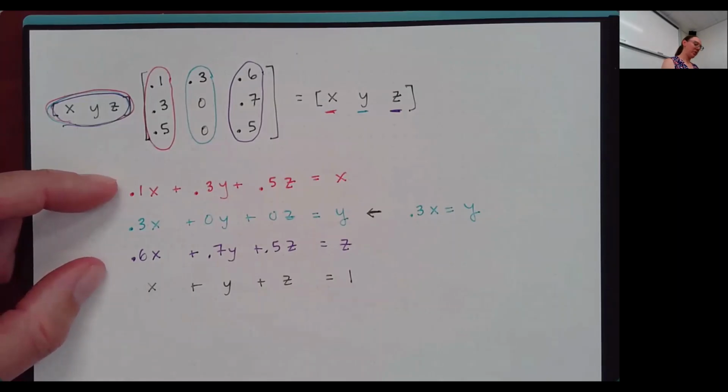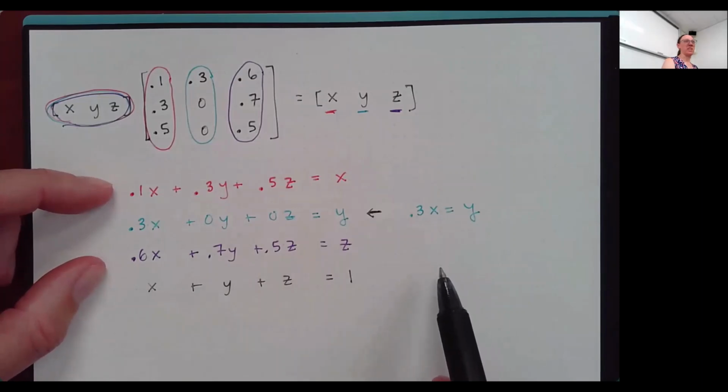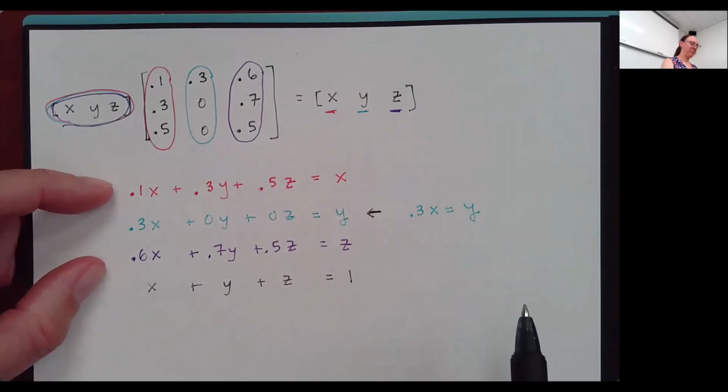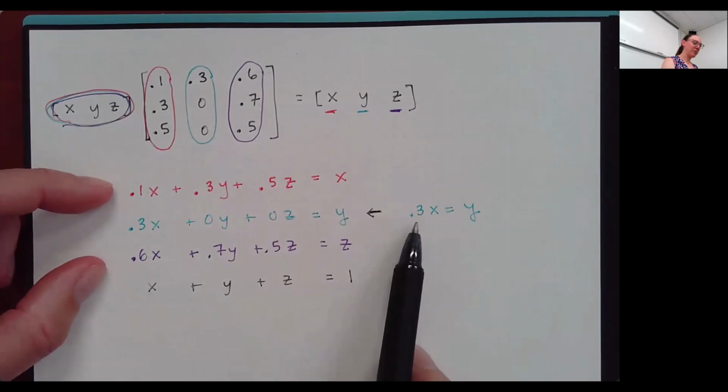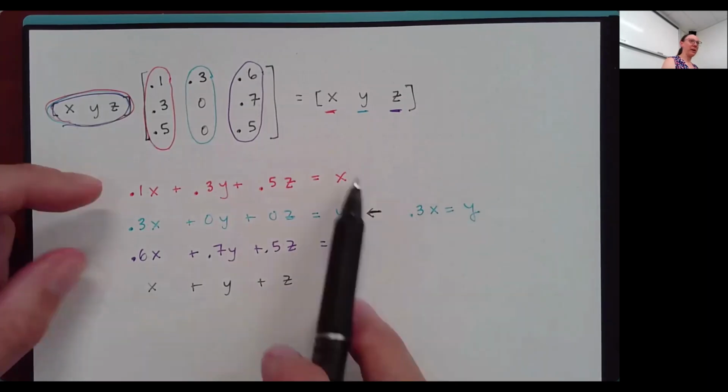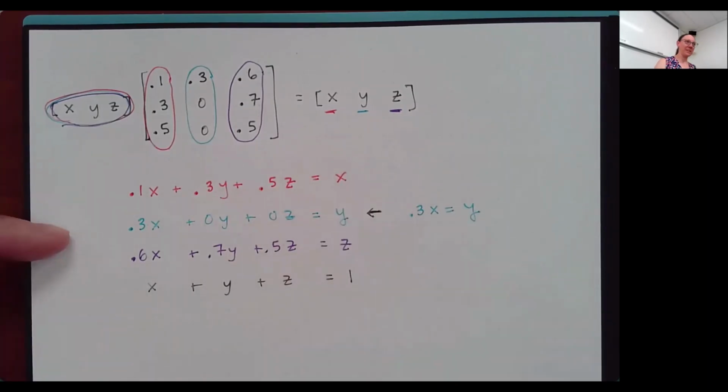We could put it all in a matrix and row reduce it. Anyone have preferences? Okay, so I'm going to substitute this into my other equations. Is that what you meant by substitute?